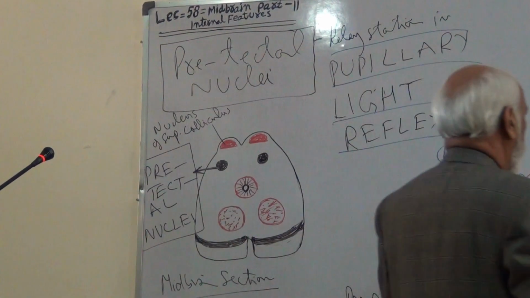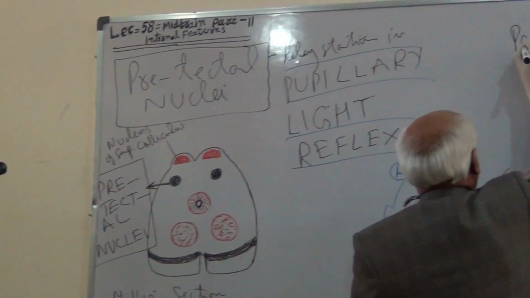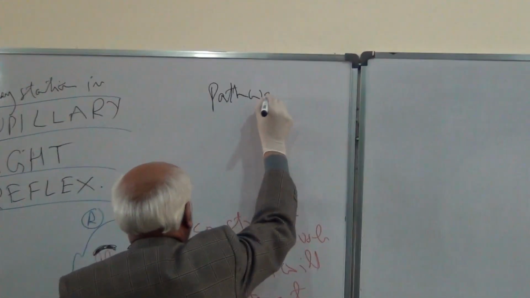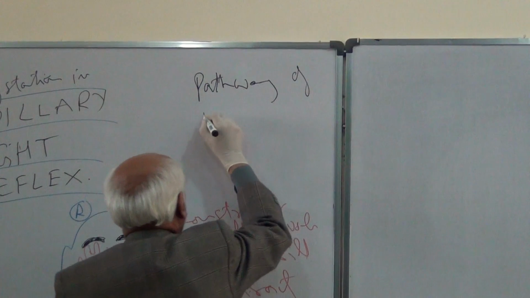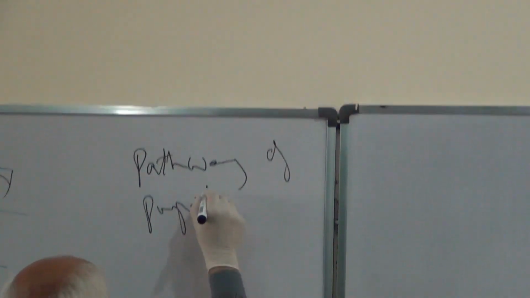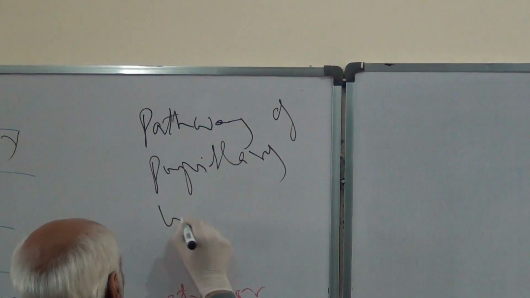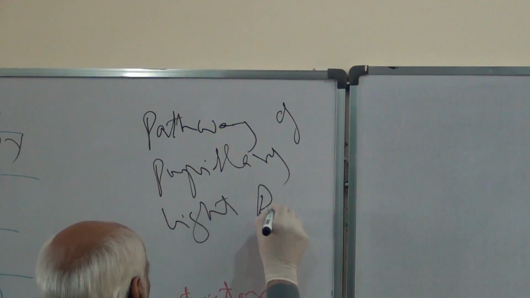Now, what is the pathway of the pupillary light reflex?